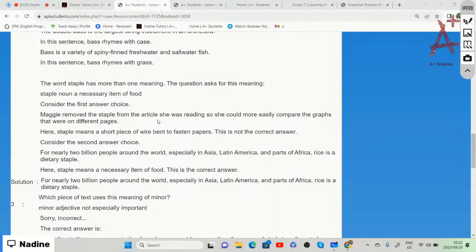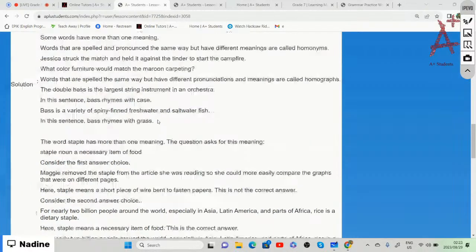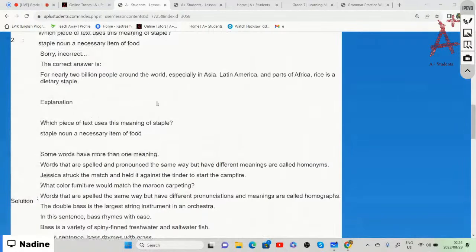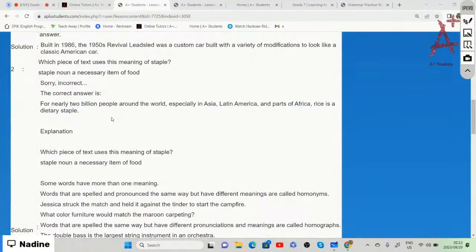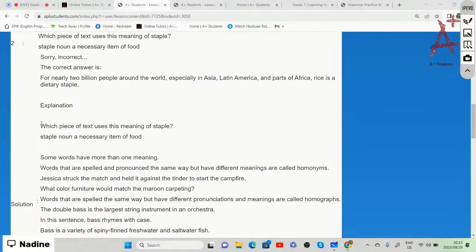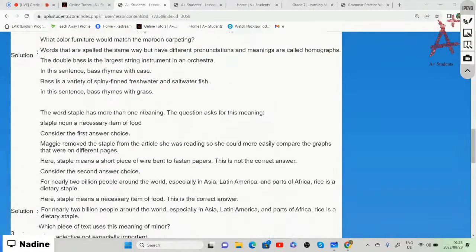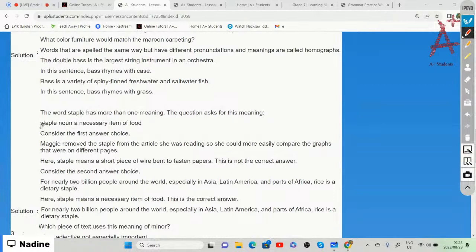If we go back up, they say that for nearly 2 billion people around the world, especially in Asia, Latin America, and parts of Africa, rice is a dietary staple, which means it is a necessary item of food, a dietary requirement, something you will always find in someone's home, right?